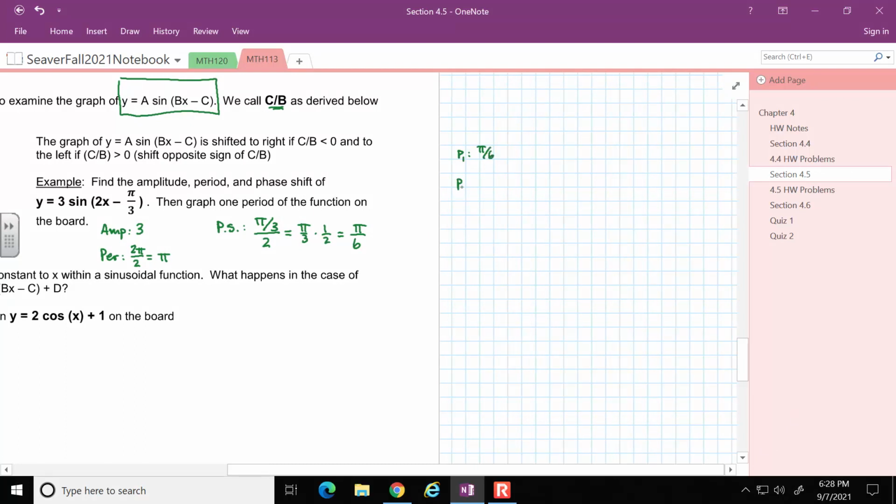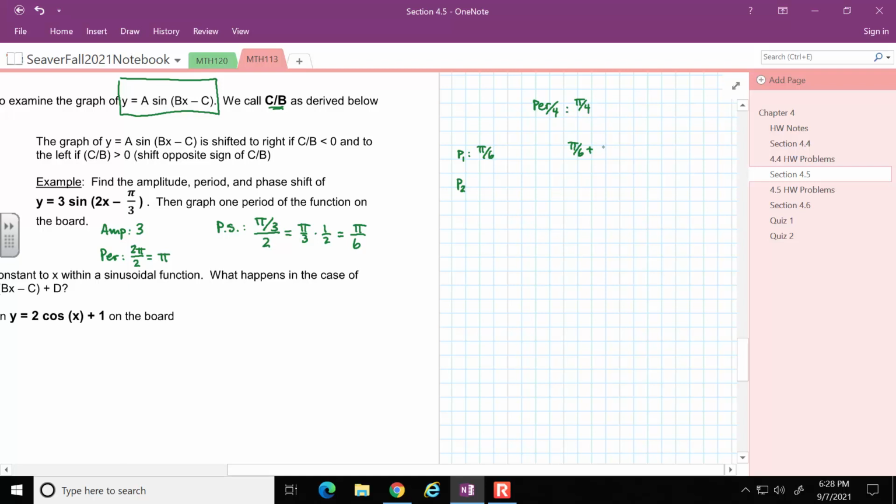My point 2 is going to be a little bit different, right? If I start at pi over 6, I want to add to that my whole period divided by 4. I want to take that whole chunk and divide it into fourths so I can get those points. So my period divided by 4, in this case, would be pi over 4.